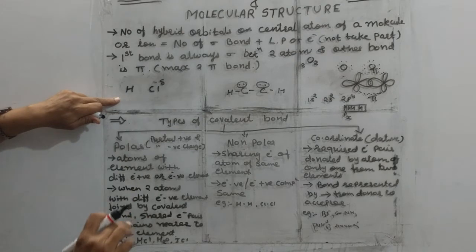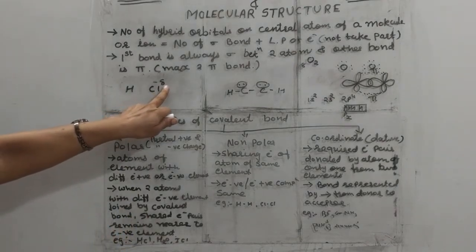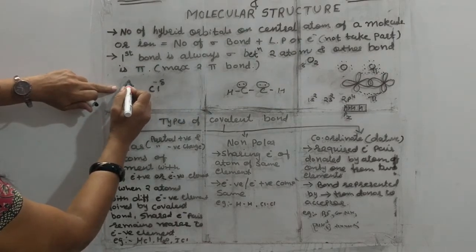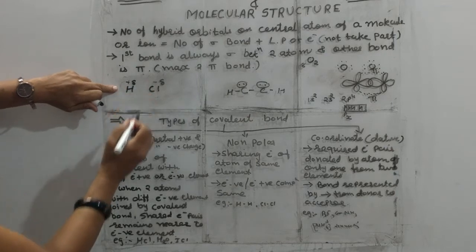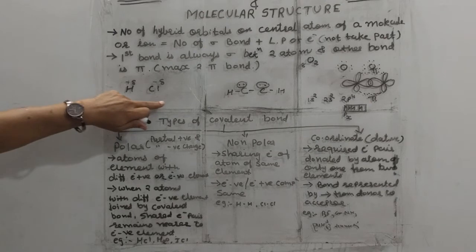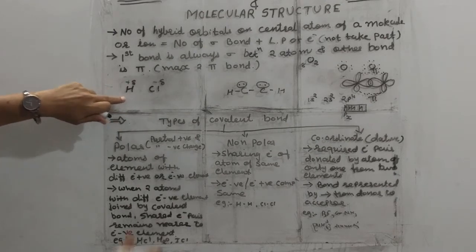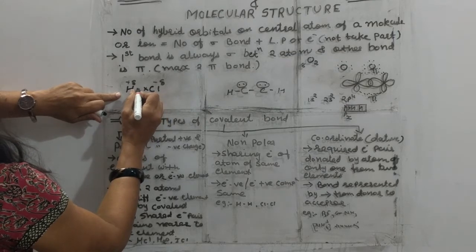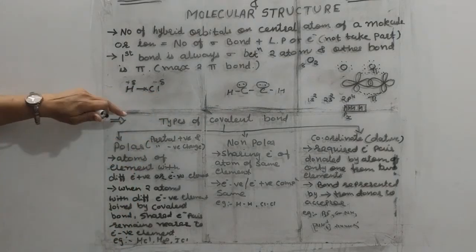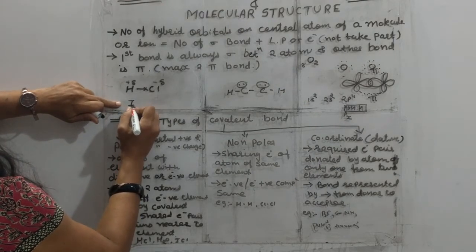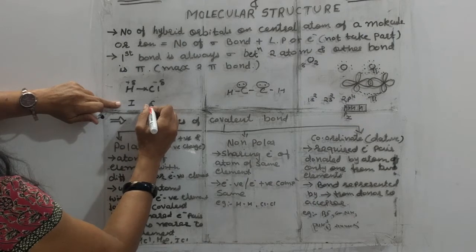So we can put the partial negative charge, and this is known as the delta minus, and hydrogen has the partial positive charge. So these are two different electronegative elements and they combine with the covalent bond.